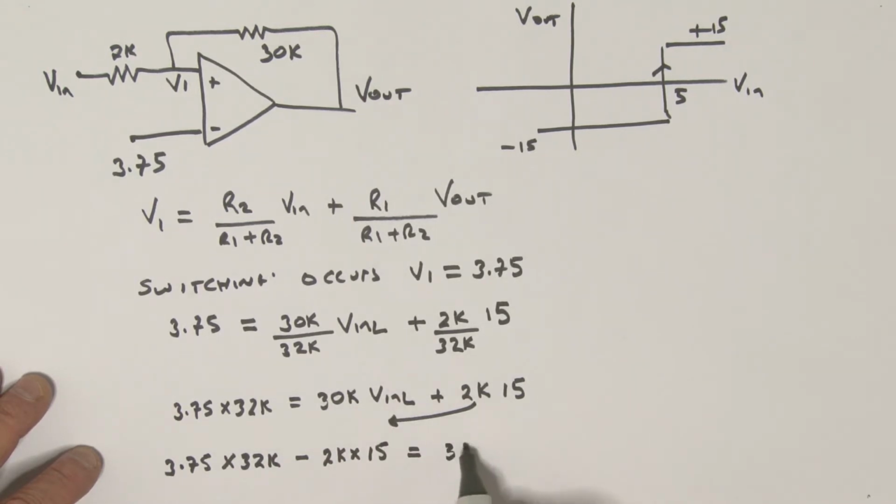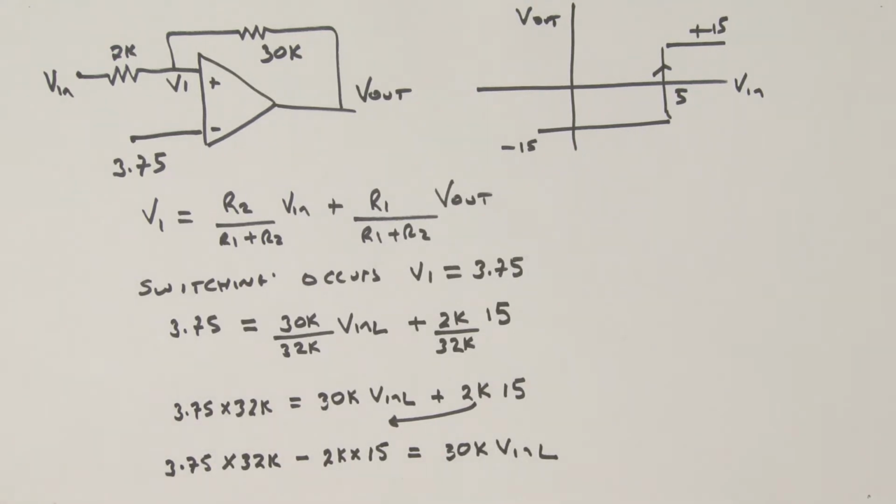And that is equal to 30K times V in L. So really what we need to do now is divide both sides by this 30K.